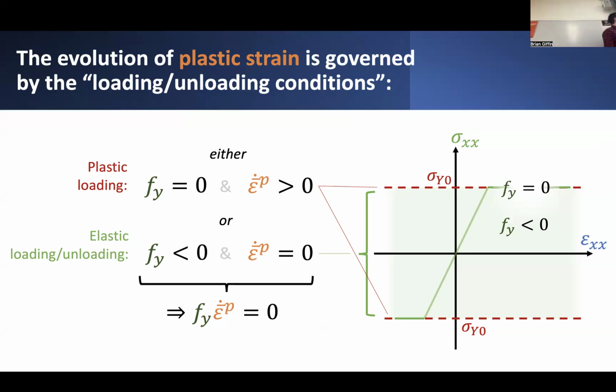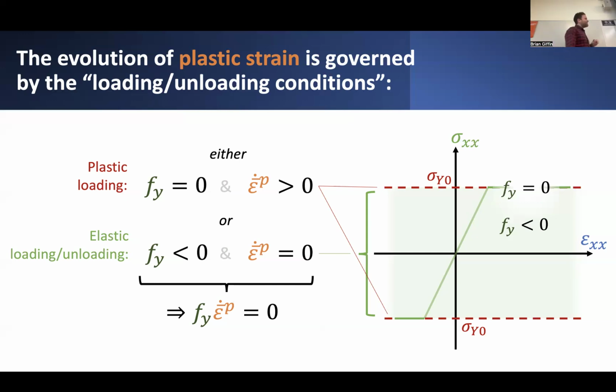So the idea is these are exclusive conditions. Either Fy is equal to 0 and plastic strain is increasing, or Fy is less than 0 and there's no rate of plastic strain. Collectively these conditions are referred to as the loading-unloading conditions.